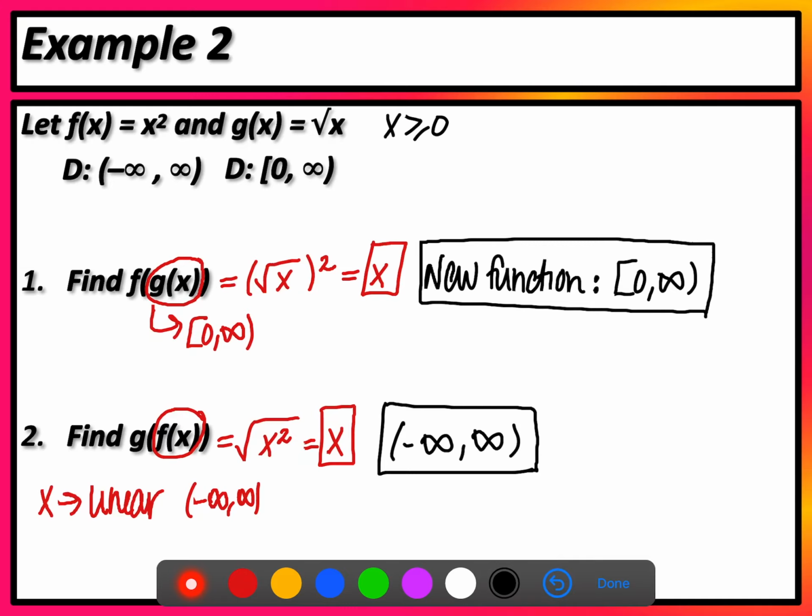And that had a restriction of 0 to infinity. In number 2, f of x was considered when writing our final domain, and that had no restrictions to begin with, which is why number 2 can be negative infinity to infinity. Okay, so that's why it's important that we take into account the original domains.